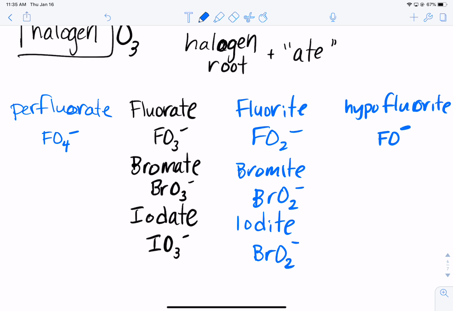And that would be the same for bromate and iodate. So you could have hypobromite and perbromate, same thing. Pretty cool, nice way to memorize.